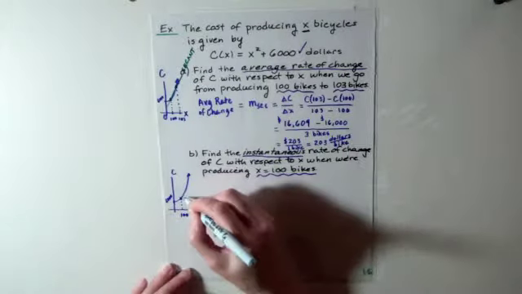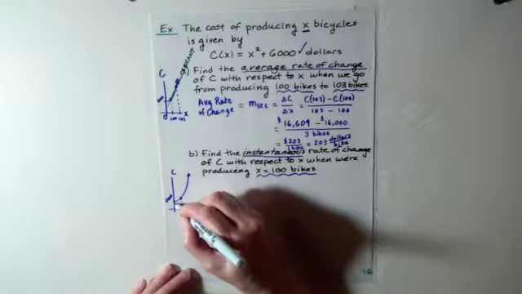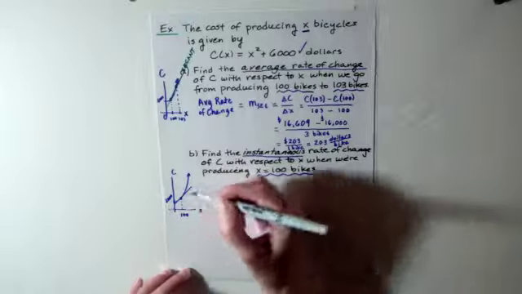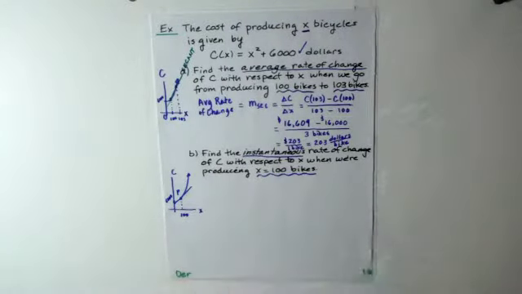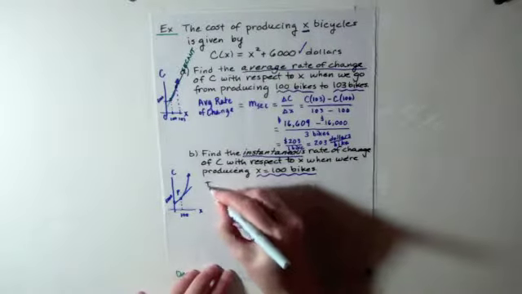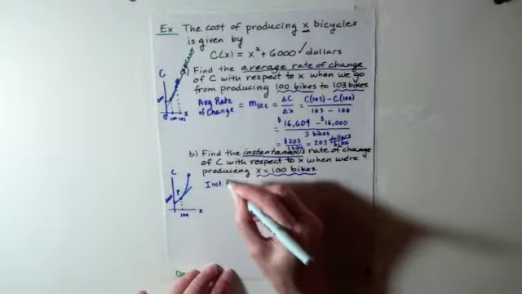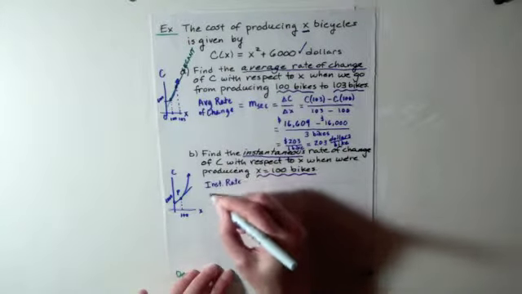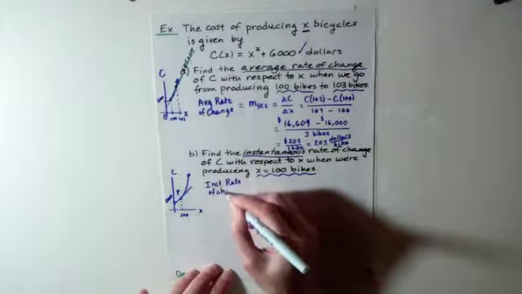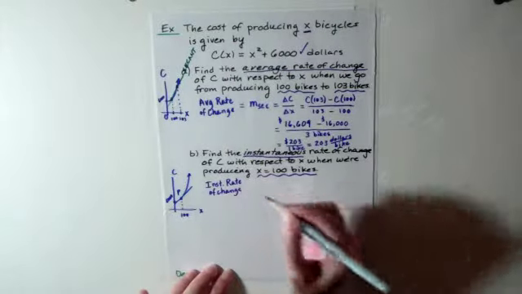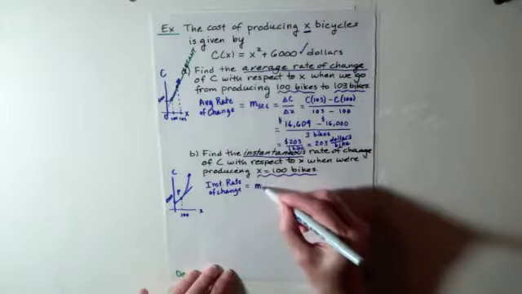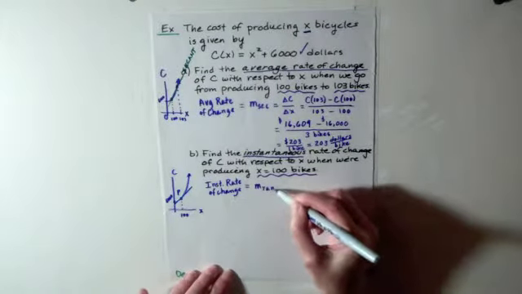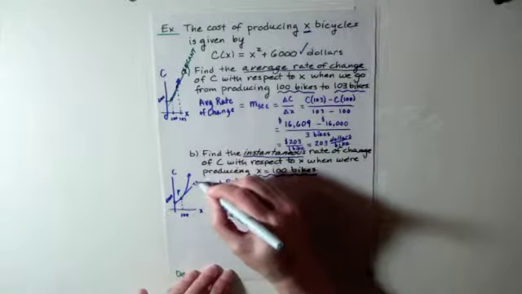So I'm looking for the slope of this blue tangent line to my curve right at the point P that corresponds to x equals 100. All right, so the instantaneous rate of change of the cost with respect to the number of bikes I'm producing is geometrically the slope of the tangent line. So here's my tangent line.